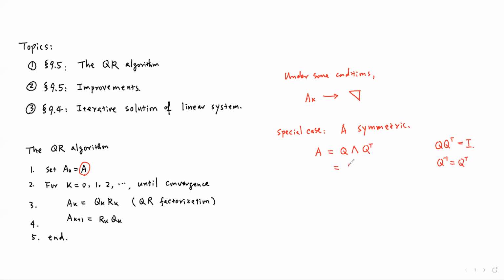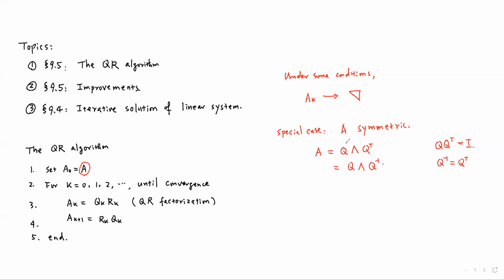So actually, when A is symmetric, theoretically A can be factored using an orthogonal matrix. The columns of this orthogonal matrix are eigenvectors of the matrix A, and lambda is a diagonal matrix.